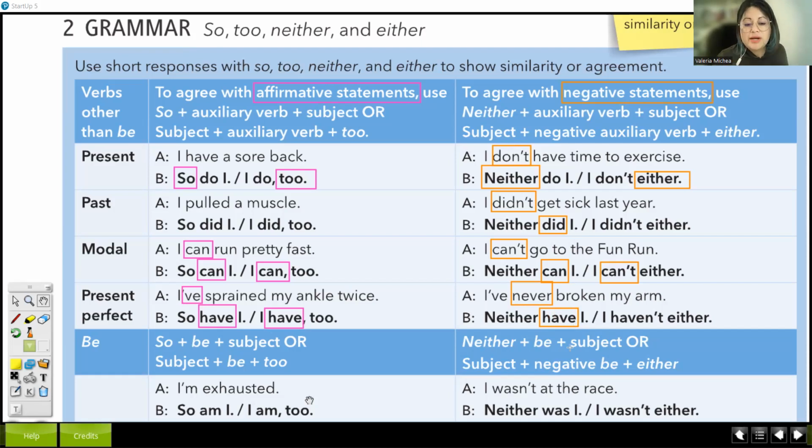That's the deal. It's no more complicated than that. Remember that if you have the verb to be, you have to include the verb to be in your answers. That would be it.